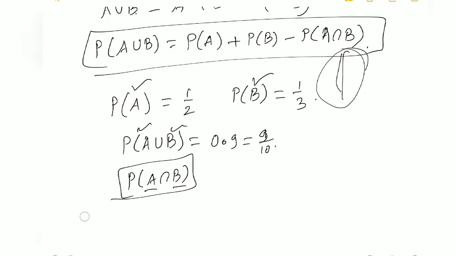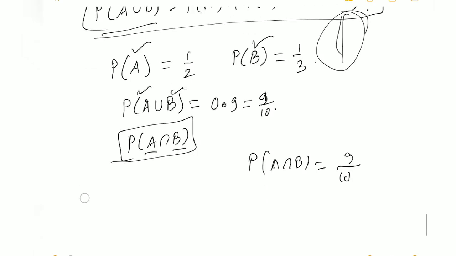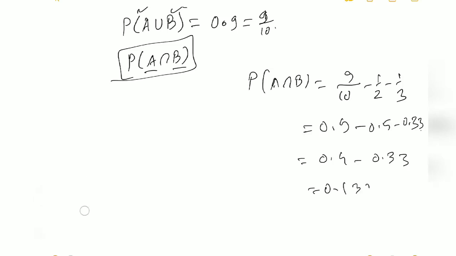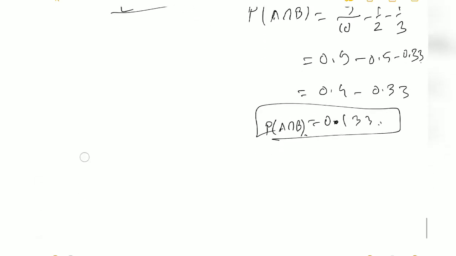P of A intersection B is equal to P of A union B, which is 9/10, minus half minus 1/3. So you get 0.9 minus 0.5 minus 0.3, which gives 0.4 minus 0.3, and that is 0.1333. So this is the probability of getting A intersection B.